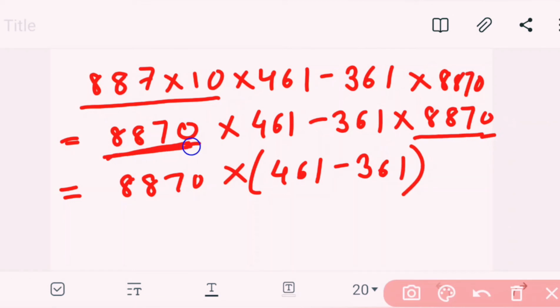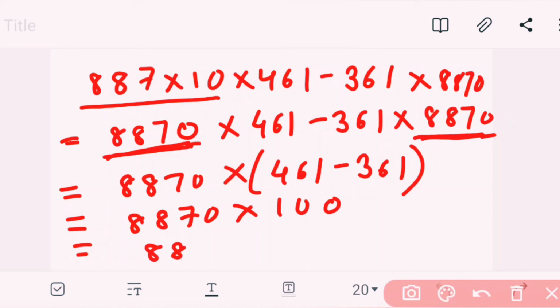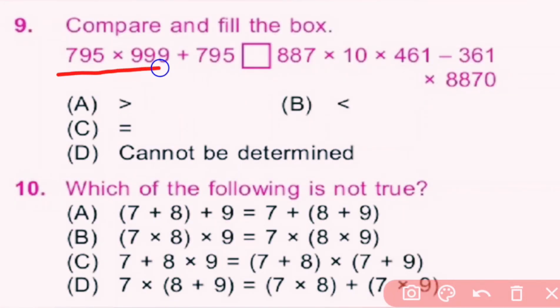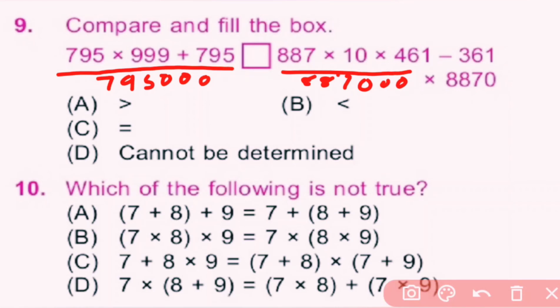This 887 we take as common. Now 461 minus 361 is 100, and this multiplication will give 795,000 and this gives 887,000. Then which is the bigger? So B is the right answer.